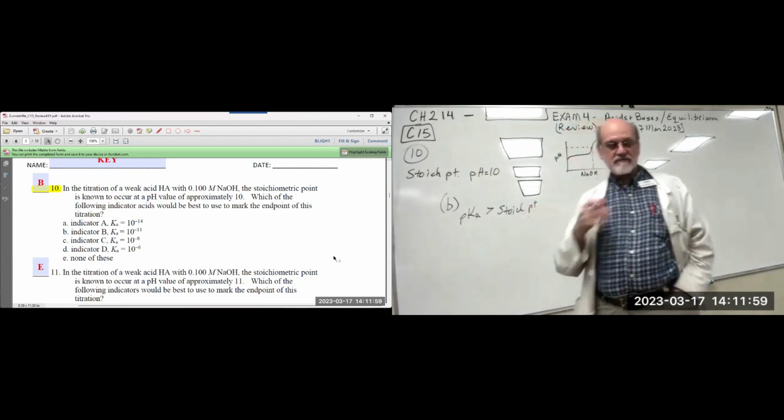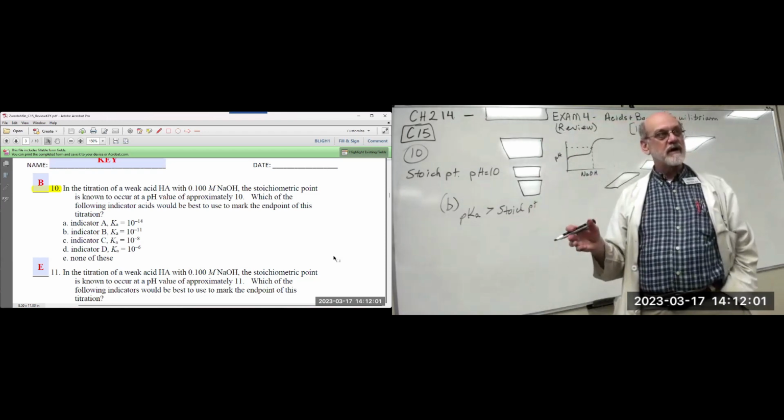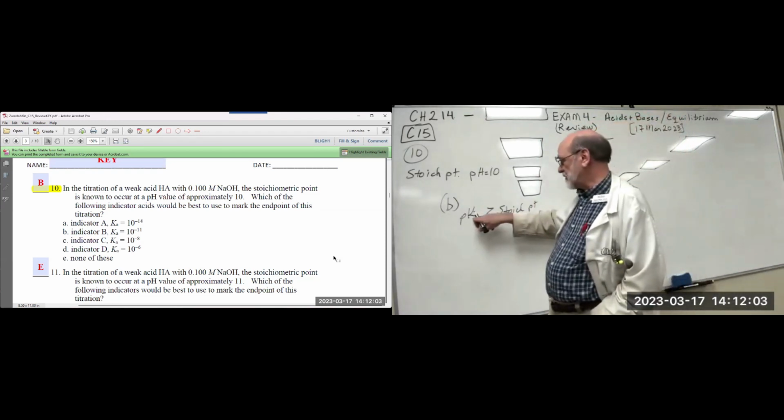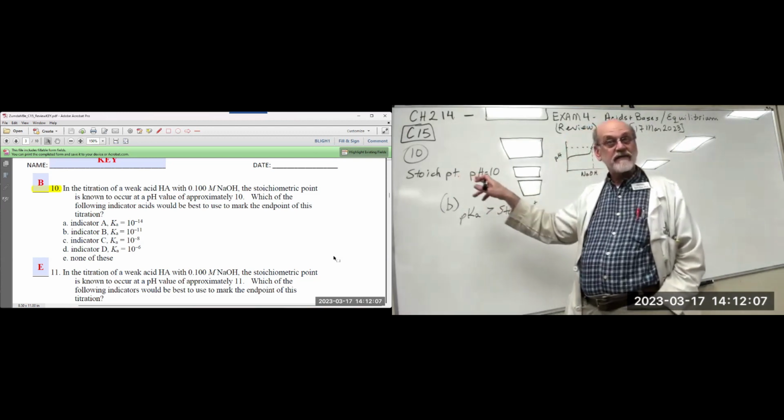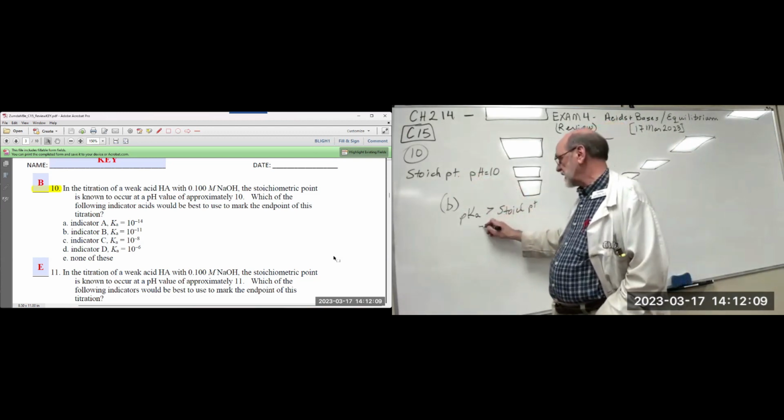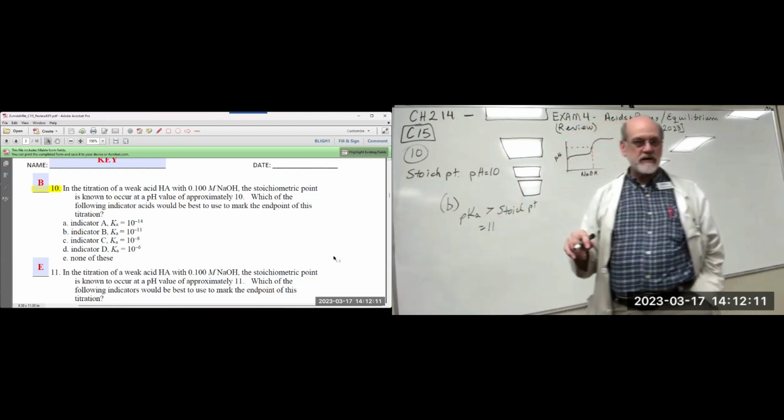There's less likelihood of error if the pKa is greater than this value. So 11 would be a good choice.